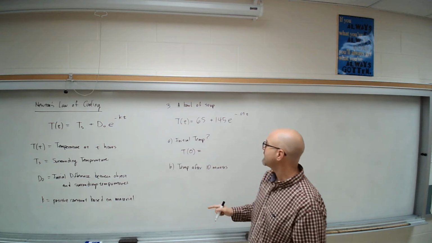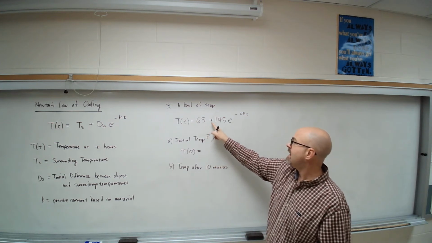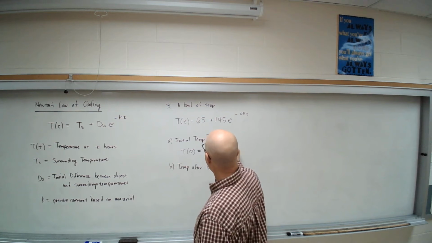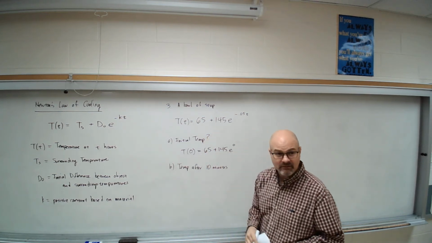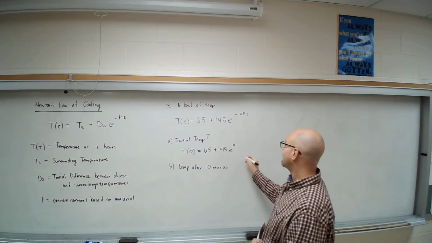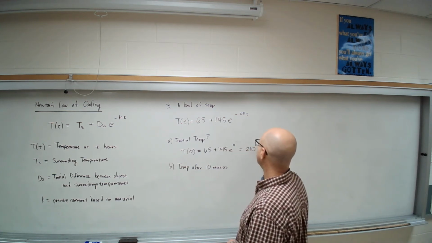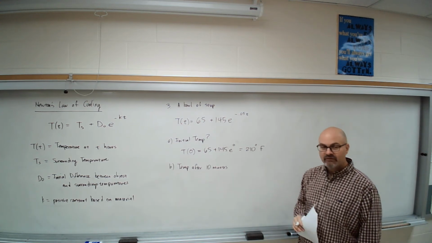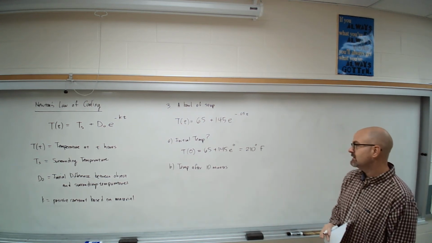If you do T of 0, you get 65 plus 145 e to the 0 power. And we know e to the 0 power is just 1. So that's going to give us 210 degrees Fahrenheit. So it is a hot bowl of soup near boiling.